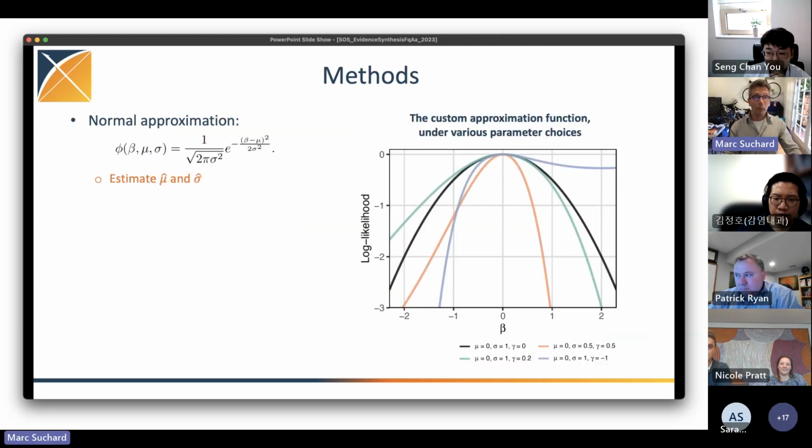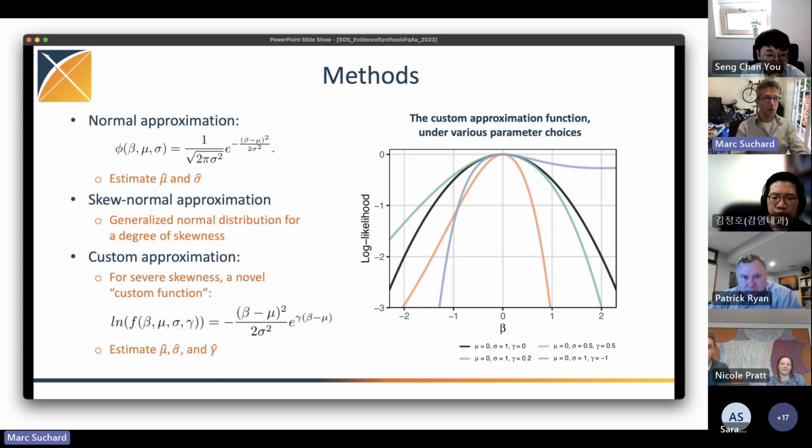There are a number of different ways of approximating this likelihood function. And my dear friend Martijn Schuemie spent a whole lot of time developing a number of different approximations, including sitting down and thinking really hard about what a good functional form might be. He then came to me and said, hey, I have these great approximations.